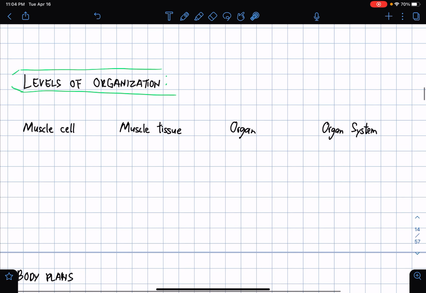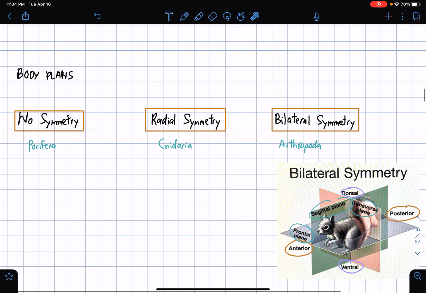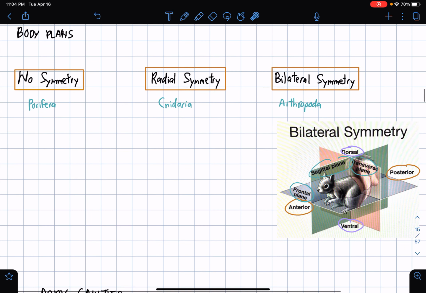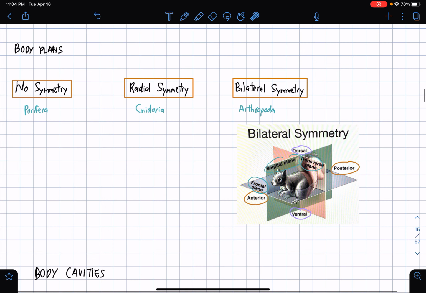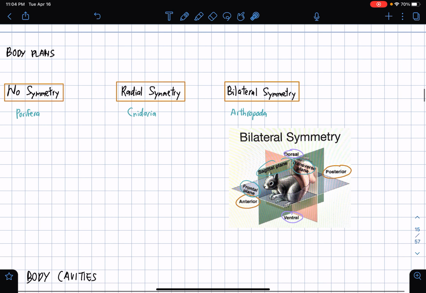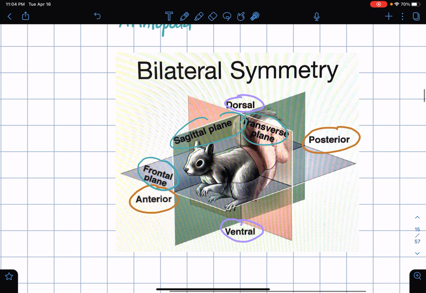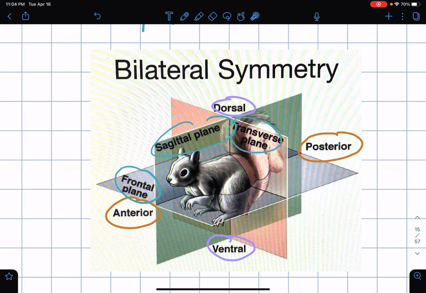For body planes, this is actually something that you learn in Introduction to Anatomy. So in this picture, say this is a rabbit. We have descriptions on how to describe parts.